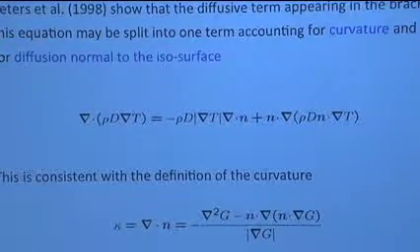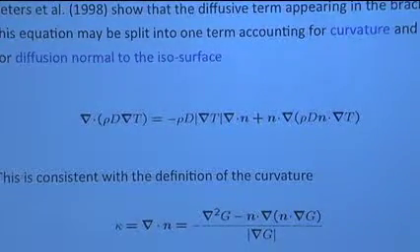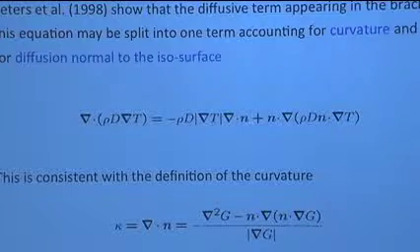Turns out the first one is a curvature term. You see del dot n. That's a term that just gives a curvature contribution. And this here is a normal diffusion term. So you have the temperature and you have diffusion in some direction.